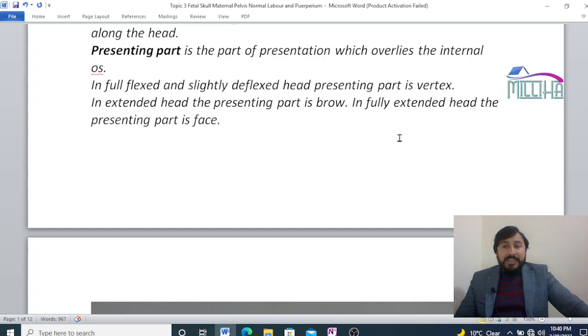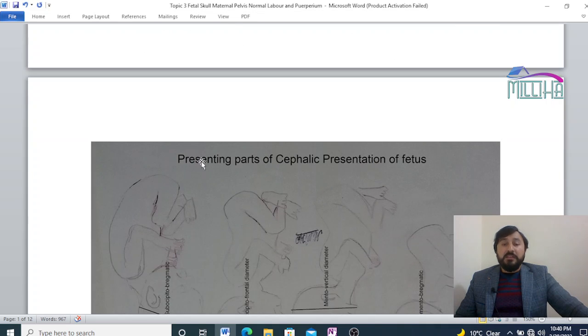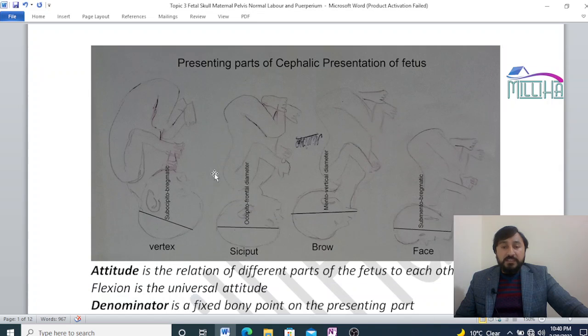In an extended head, the presenting part is brow. So this is brow. Extended means when your head is like this. Flexion means your head is like this. In a fully extended head, the presenting part is face. If the fetal head is fully extended, here we have some images, figures, you can check them.